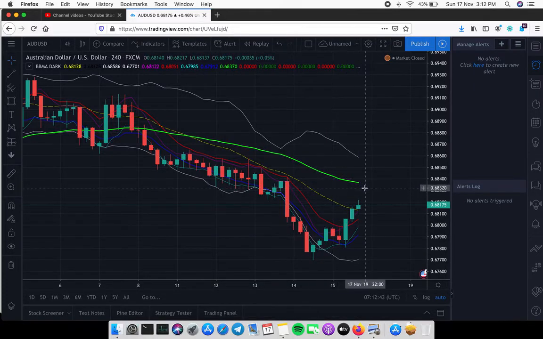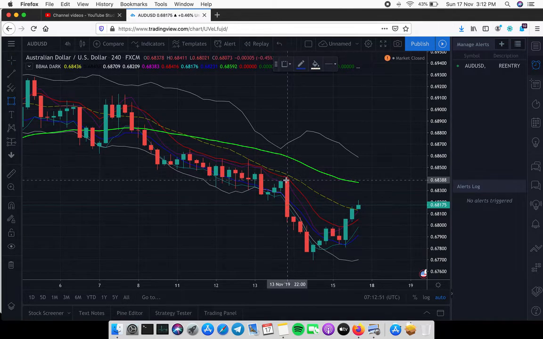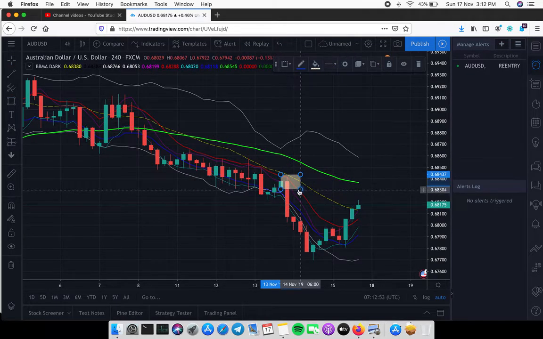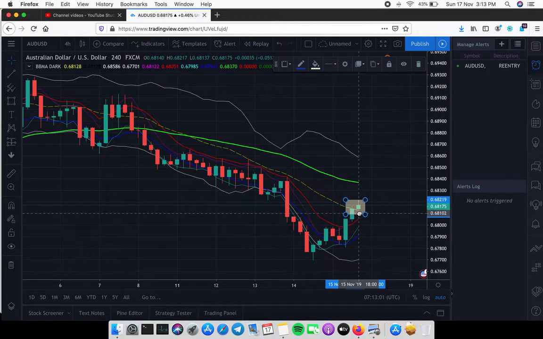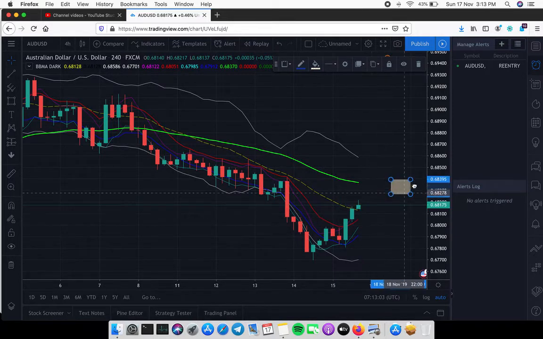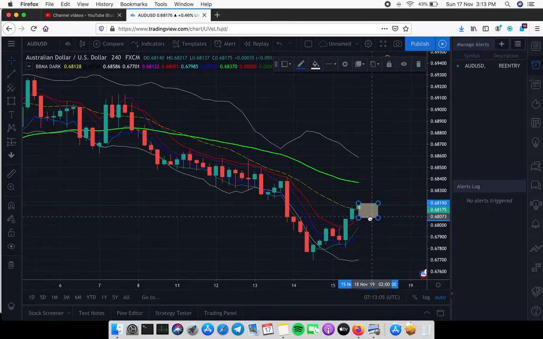Let me explain a little bit how this works. The way I wrote the indicator, re-entry is basically you are rejecting the MA5 10 high or MA5 10 low. This alert will trigger if the price closes below MA5 high and MA5 low. So remember that even if that condition happens, this will trigger.